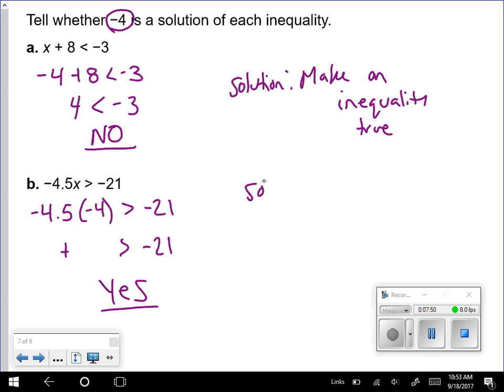The solution set, and you can write this down because I know we're kind of backtracking, is all of the numbers that make the inequality true.